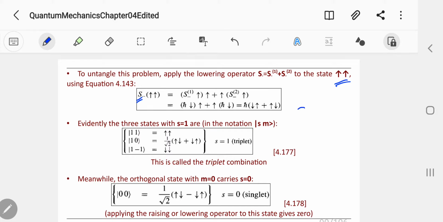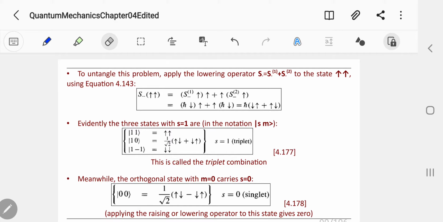Or we can also apply S plus of this one to get the upper state of this, because we're supposed to have this one and this one and this one. But this one we are not yet sure, because there are 2 possibilities for that, but we'll just look at it now.